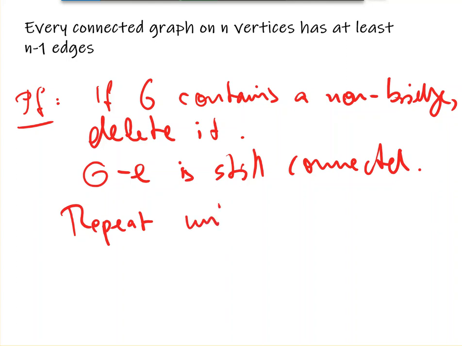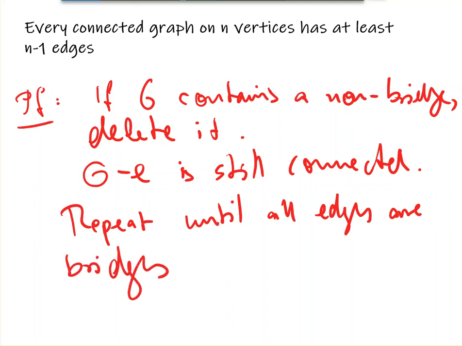Repeat until all edges are bridges. This has to happen at some point, right? Because there's only a finite number of edges, and if I repeat this process, deleting an edge time after time after time, eventually I have to stop. Deleting a non-bridge does not disconnect my graph, so I'm always sticking with a connected graph. I keep losing edges, so I have to end.